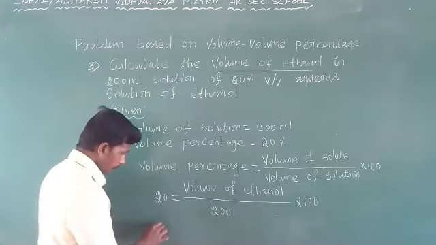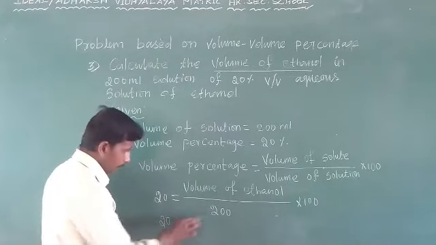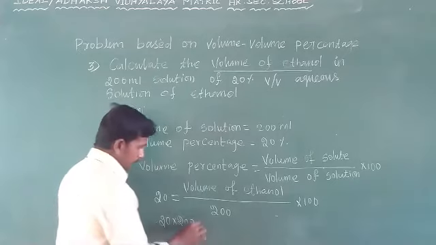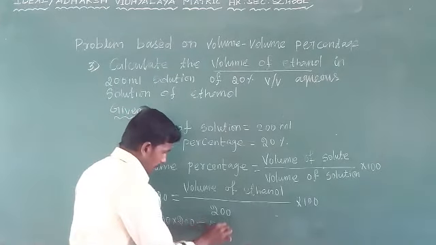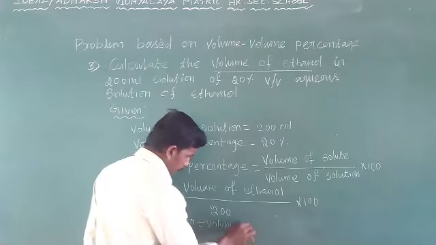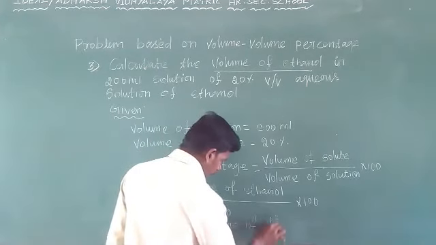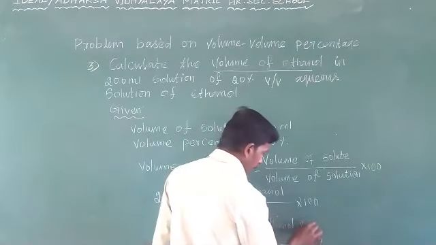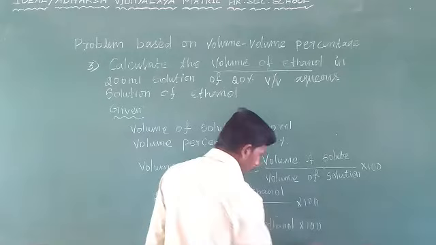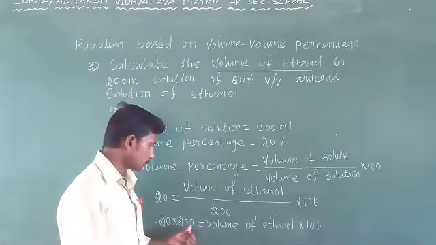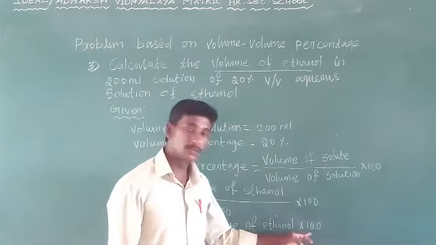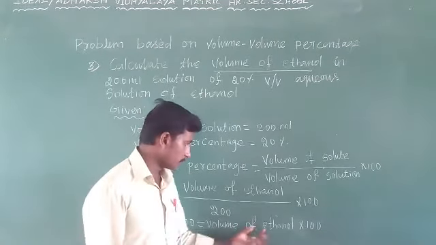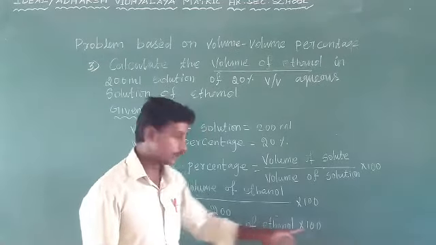So 20 into 200 equal to volume of ethanol into 100. Now we can calculate the volume of ethanol when this 100 changes to this side.